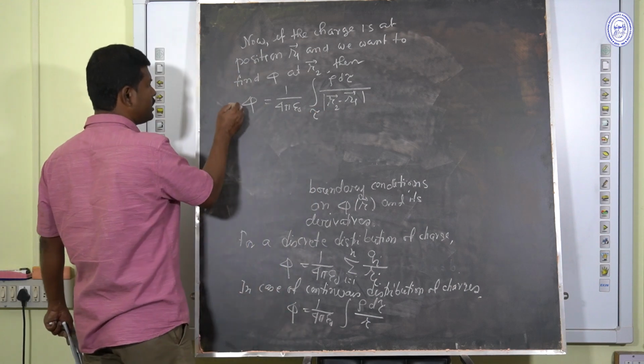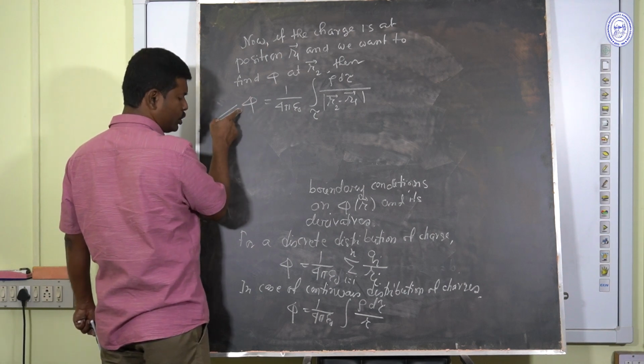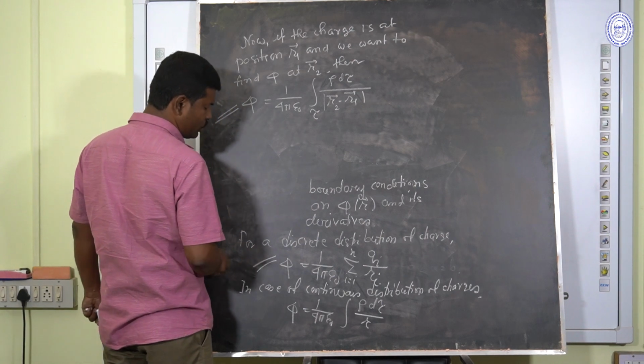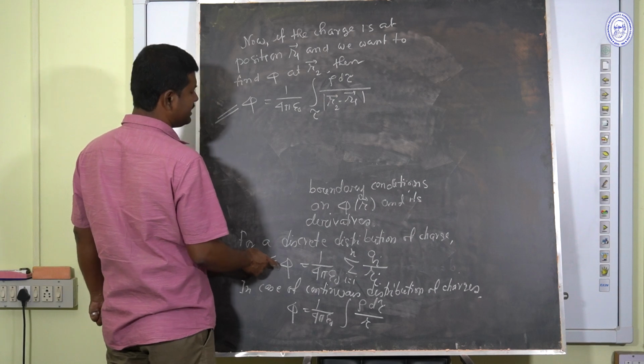So for a continuous distribution of charge, the solution of Poisson's equation will be like this, and for a discrete distribution of charge, the solution of Poisson's equation will be like this.